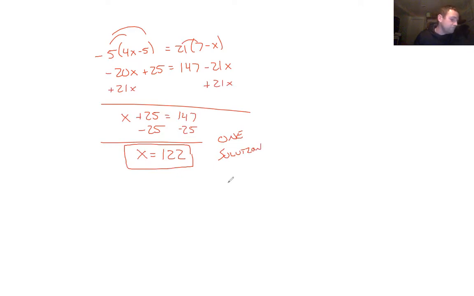And the last one, like this: 8z minus 7 over 6 plus 24 over 12 is equal to 16z plus 10 over 12. The first thing you could do is try to simplify.